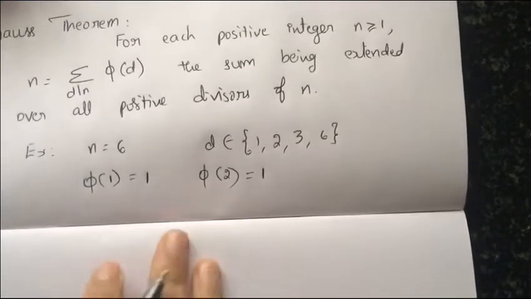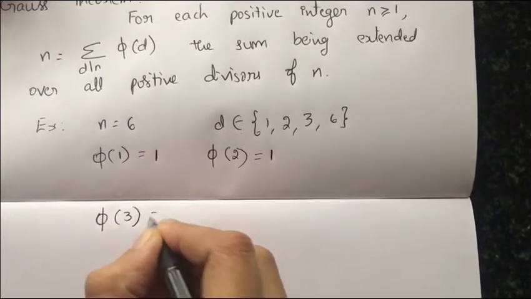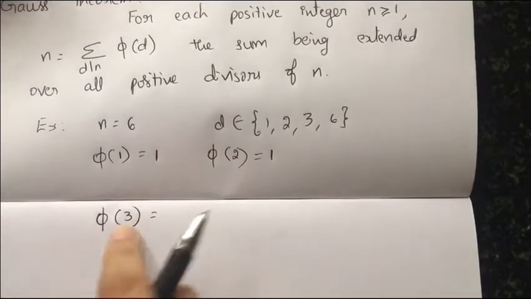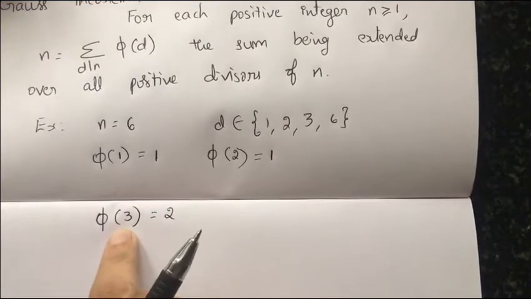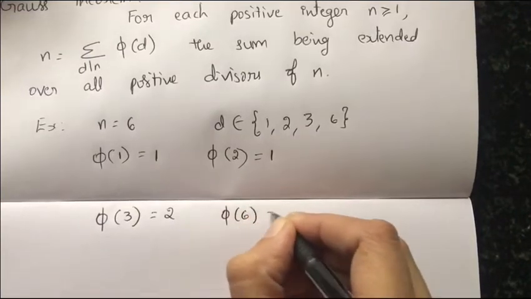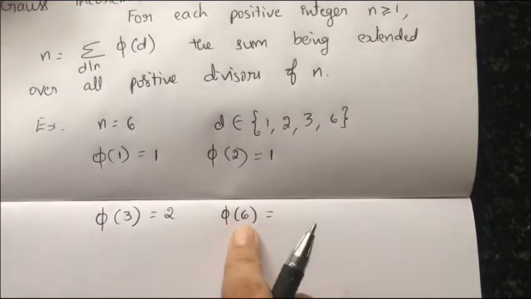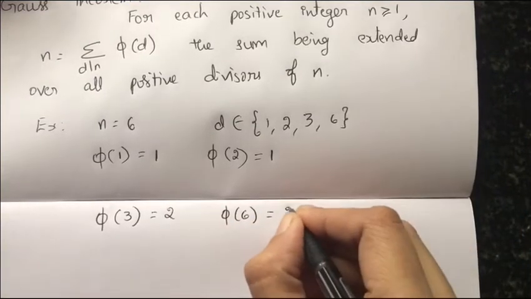And then phi of 3: 1 and 2. So there are 2 integers which are less than 3 and relatively prime to 3. Then phi of 6: 1 and 5. So it is 2.